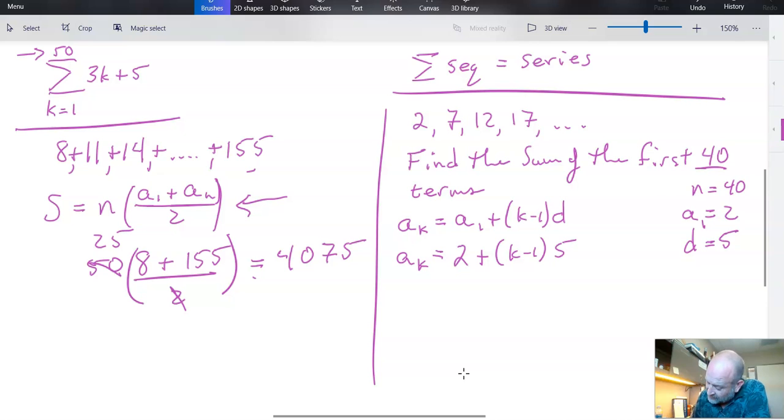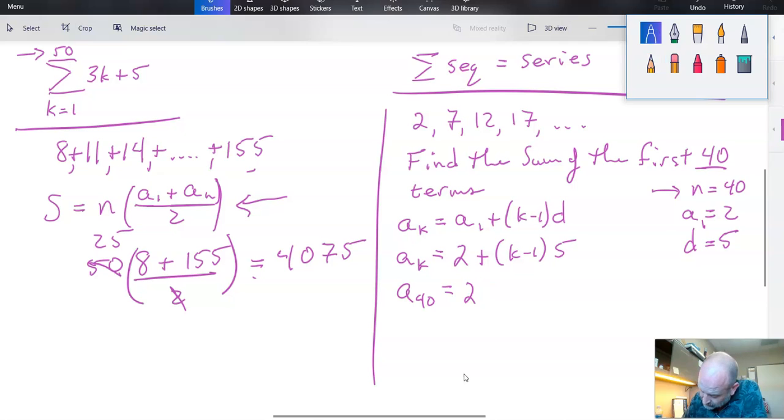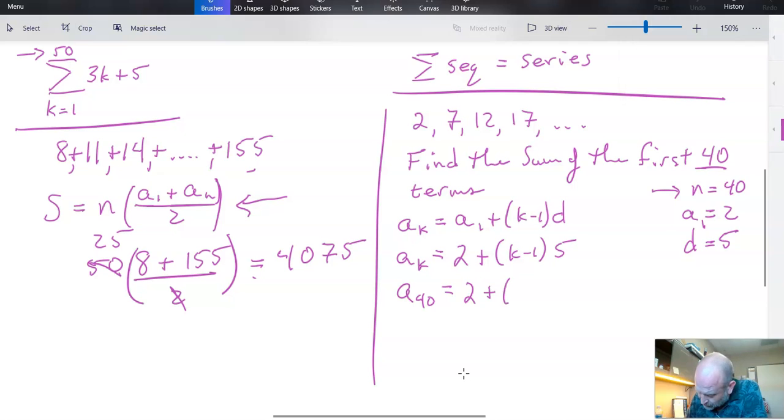Well, in this case, since the last term is the 40th, a_n, which is our last term, is 2 times, not times, plus. Two plus (40 minus 1) times 5.